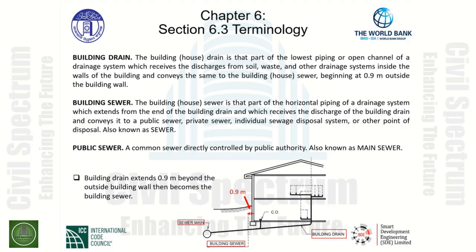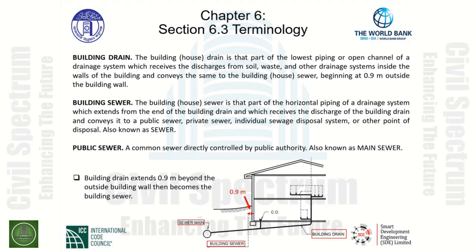From that point, the next part of the piping system is titled building sewer. The building sewer connects from the end of the building drain and ties into the sewer main in the case of this graphic. By definition, the building sewer is as follows.